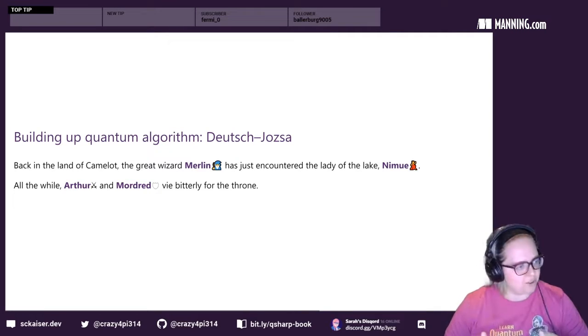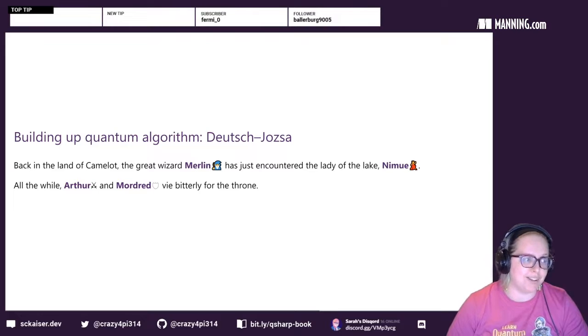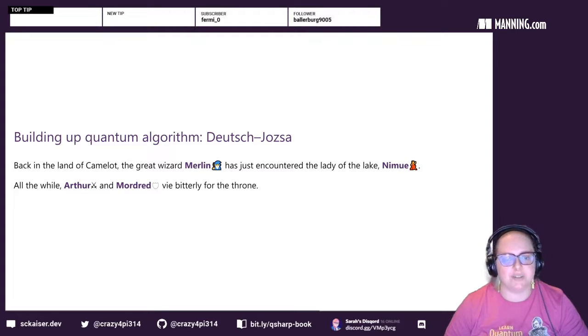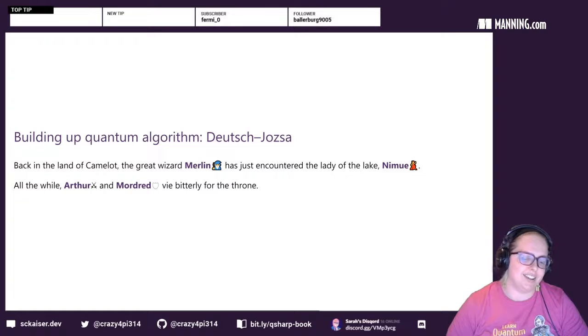Just so you know, these characters, Merlin, Nemune, Arthur, all make a lot of appearances in the book as well, because we have to come up with some kind of toy problems. We might as well have some fun characters. So we have a very Camelot theme, which comes from the fact that a lot of quantum theory papers involve Merlin and King Arthur.